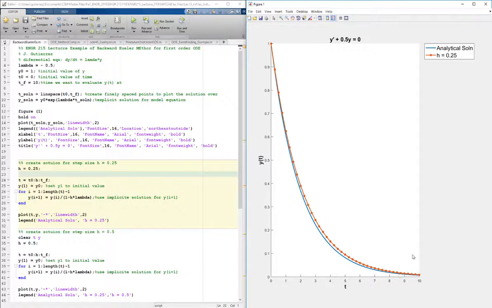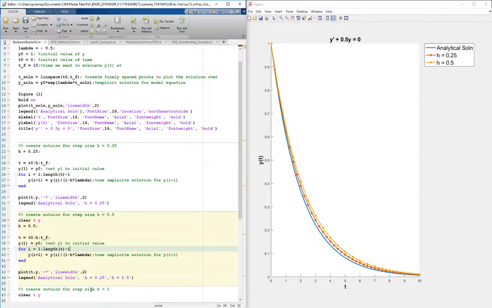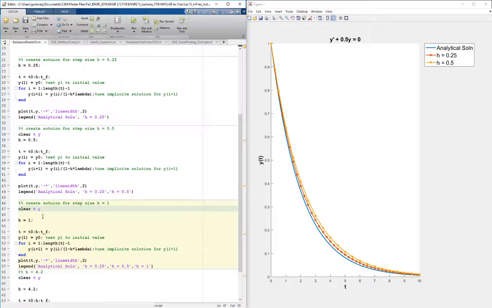approximates the analytical solution. I can increase the step size to 0.5, and we'll see here that our error is increasing linearly. And I can increase it to a step size of 1, so that's going to increase h to 1 second. So I'll run this section, and my error is greater still.